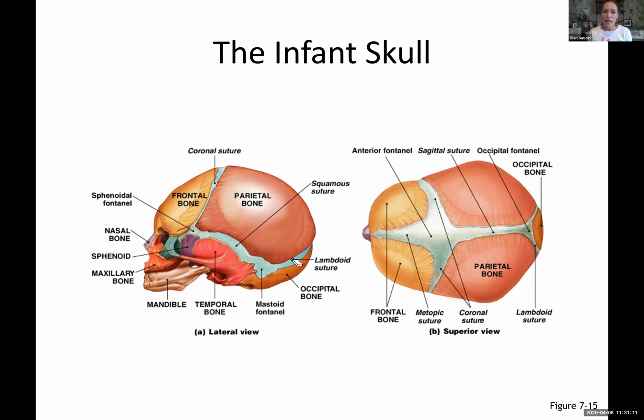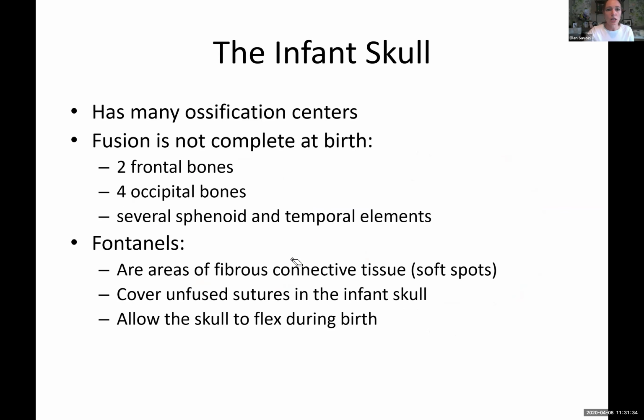So he could have been asymptomatic for a long time, and we would have gone a couple months and the doctor would have said, oh, he's got kind of a big head, and then a couple months later, his head's getting bigger, and then he would have had to have a shunt. So thankfully the fever alerted us to the problem. They took the blood clot out, but the head can really expand a lot, even if there's a pathology going on inside the brain. So anyway, that's our infant skull.